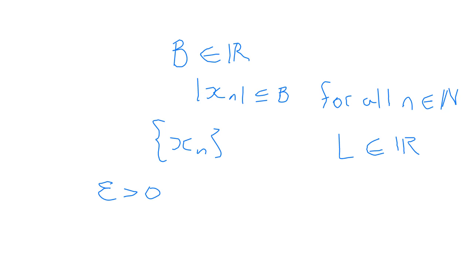there exists an M in natural numbers, or there exists a natural number M. That's the next way to say it. There exists an M, capital M, in the natural number set.